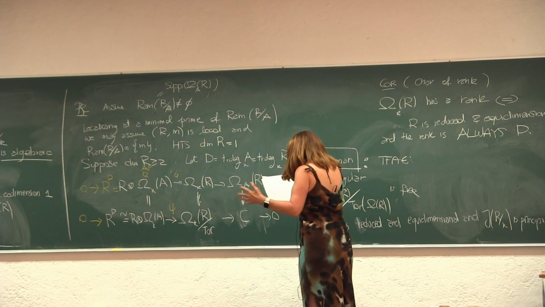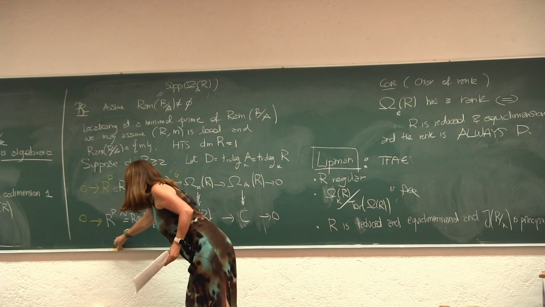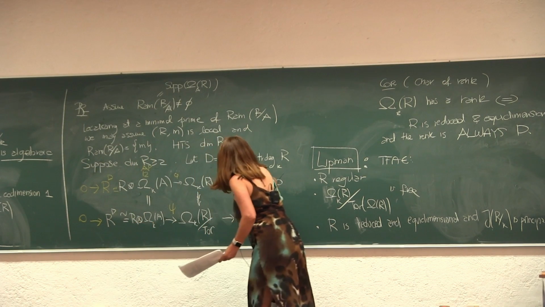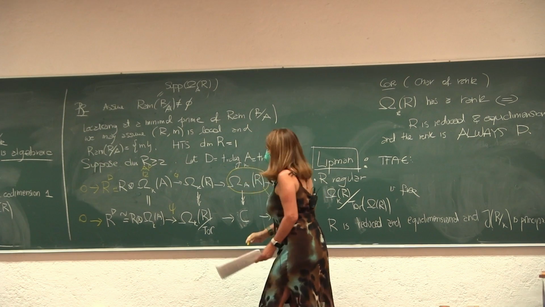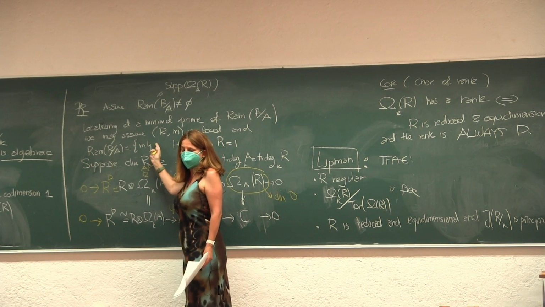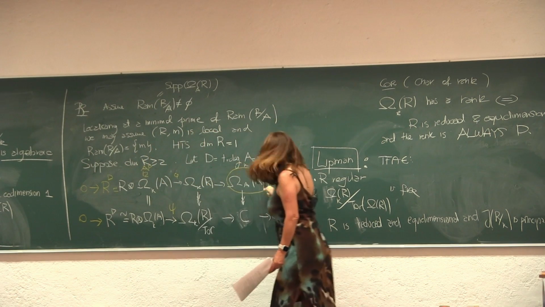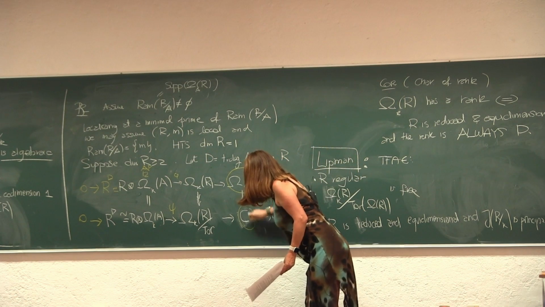Another way to see it, if you want, why is it all torsion? Because remember that this guy, by assumption, has dimension 0. Because we are assuming that this is the ramification locus, the maximal ideal. So the dimension of this guy is 0.